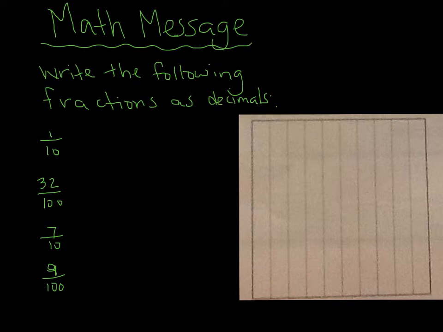It says write the following fractions as decimals: 1/10, 32 hundredths, 7 tenths, and 9 hundredths.